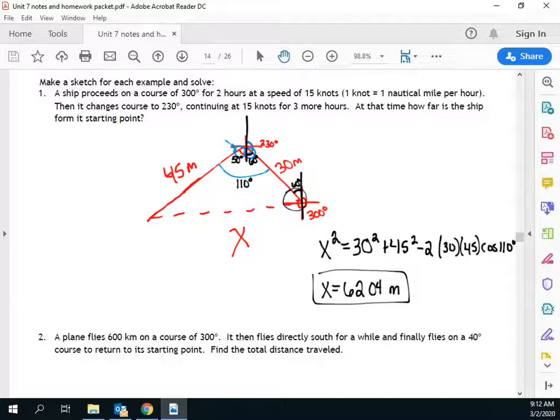There you go. So by the looks of your grades from your quizzes, you guys have got law of cosine and law of sine down, which is good. And now we take on navigation and bearings, and this is going to be the hardest part of your unit. Okay?